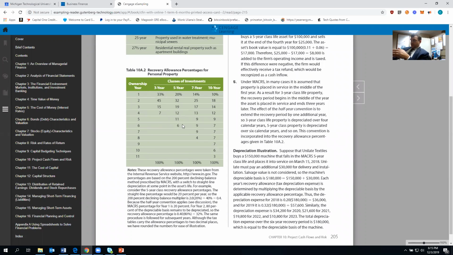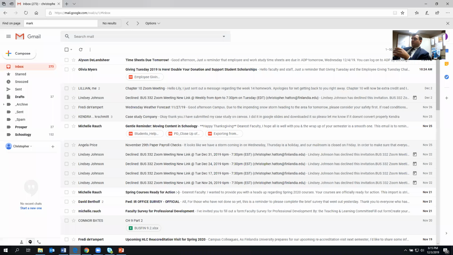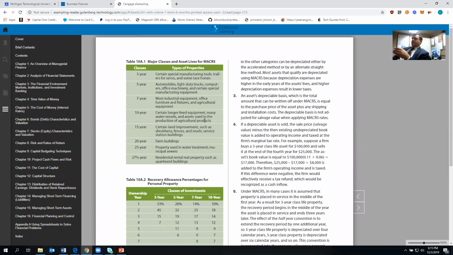And then if it has a life that's 6 years, then you would go the last percentage points there. But what we see is this is the classification. So if we have a 5-year, that means we're dealing with an automobile, light duty truck, computers, office machinery, certain special manufacturing equipment. So they're all classified, and this is federal law.